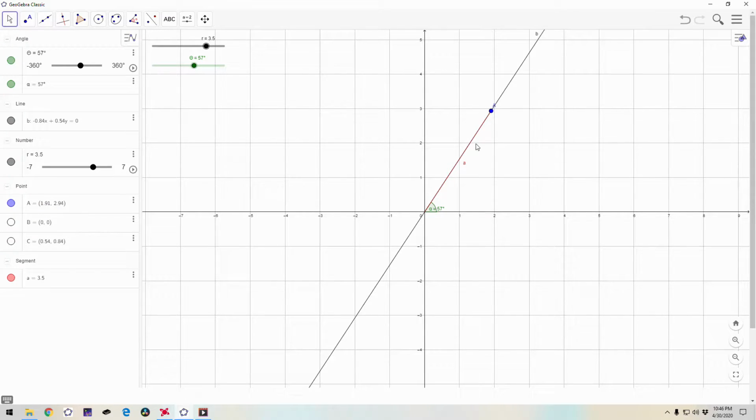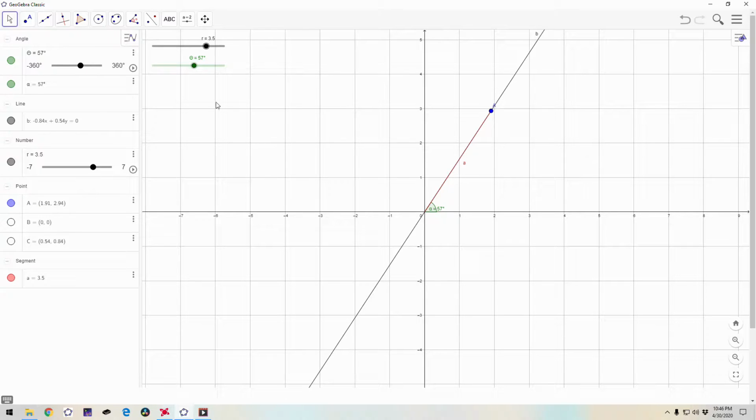It's traveling along this line, which is the 57 degree angle representation, and then you can actually see the segment there. So if I just get rid of the line for a second, you can see. And then of course, if I get rid of the segment, this is actually what you should be seeing when you graph a polar point, just the point. Of course, these other representations help us find these points like this.